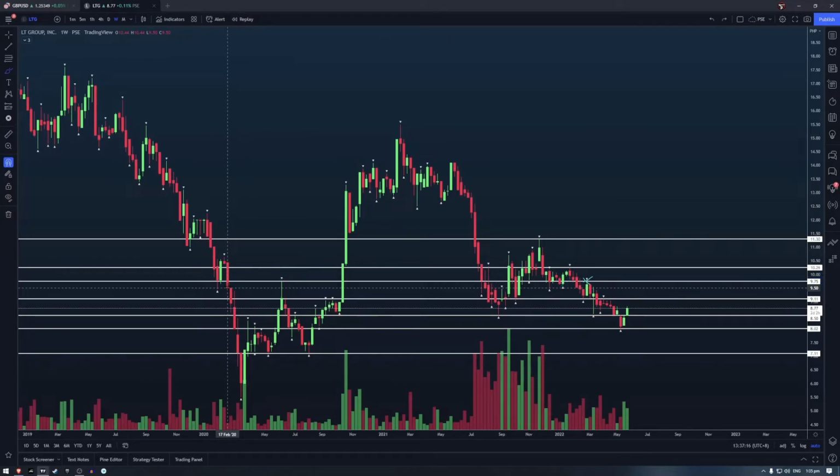Kitang-kita din siya. And of course, the same goes for 10.26, although yung 10.26, mas konti yung mga significant touching points niya. So while I recognize na it's there, I understand na it might not act as strong a resistance compared dun sa 9.11 and 9.75 na areas.